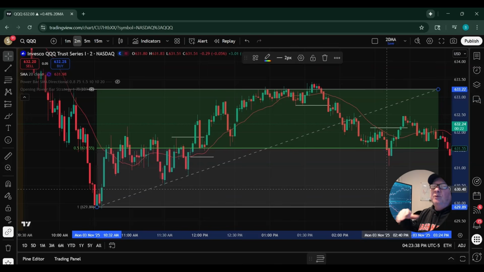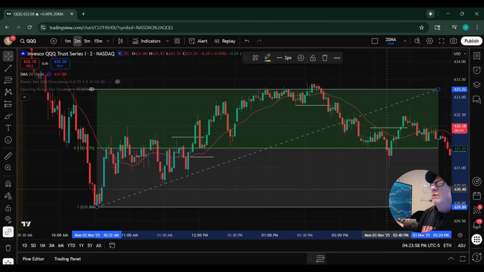So that is one way to avoid chop when you're using a power bar strategy in particular, but it also avoids chop if you're using a VWAP strategy or basically anything else.